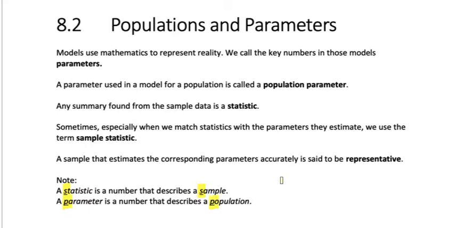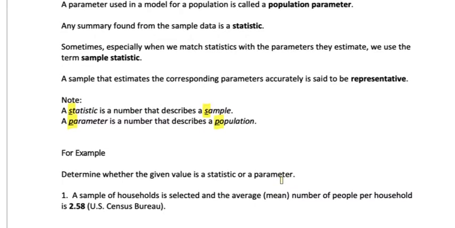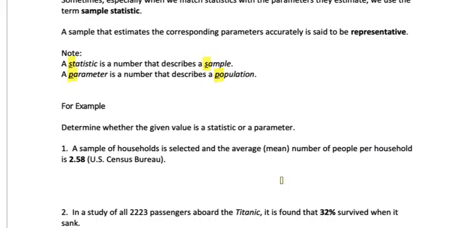And we want our sample to estimate the corresponding parameter. So we want to be able to take our sample statistic and say, okay, this is probably pretty close to the value for the entire population. If it does that, then we can say that it's representative.